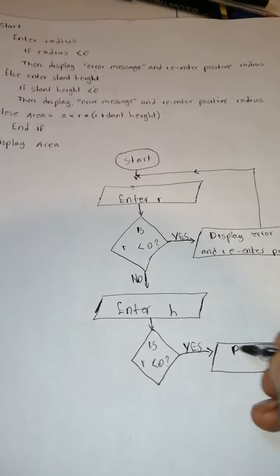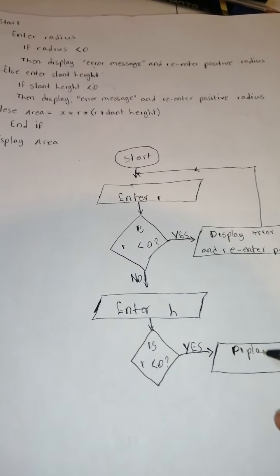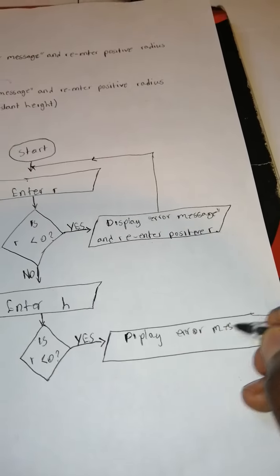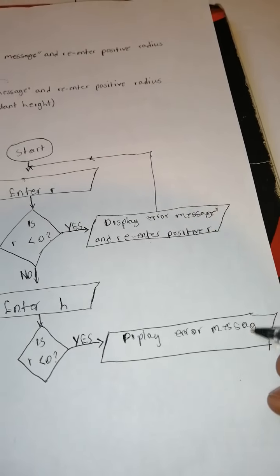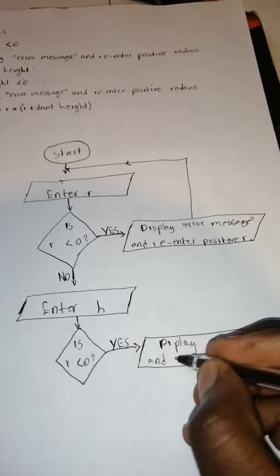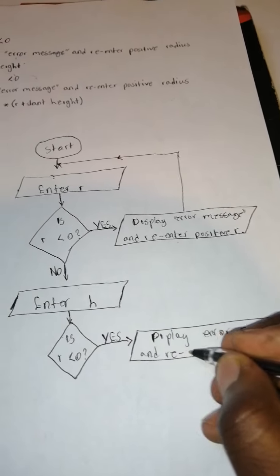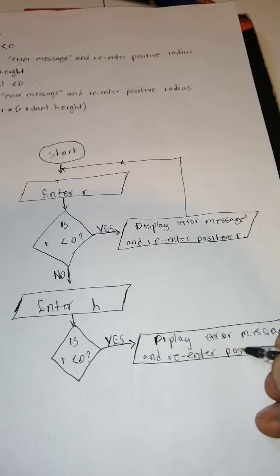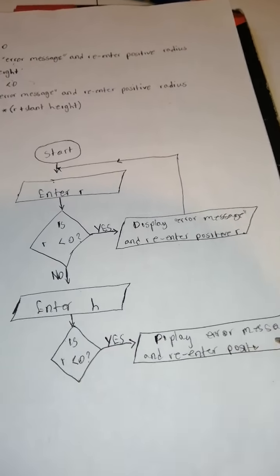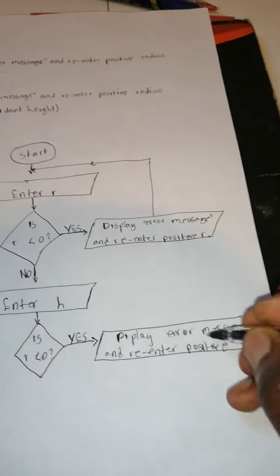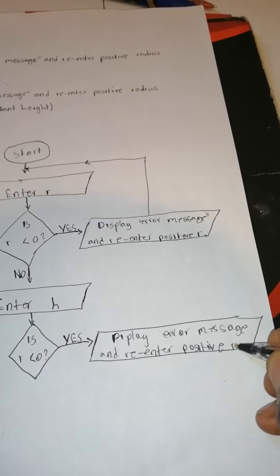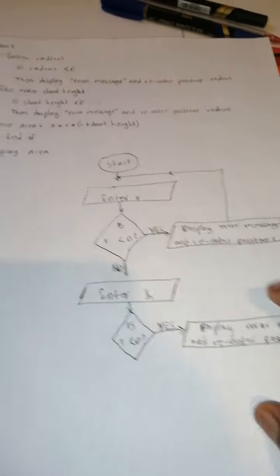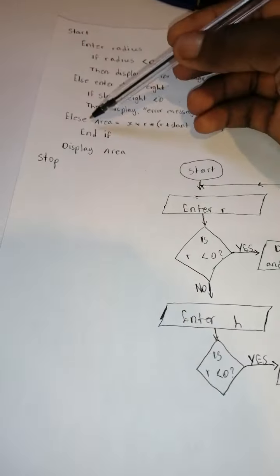So it will be display error message and the enter positive radius, like that.